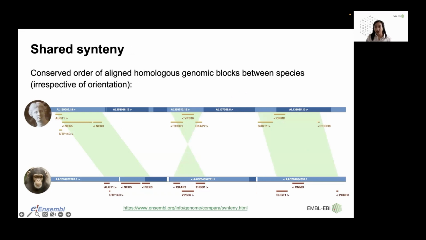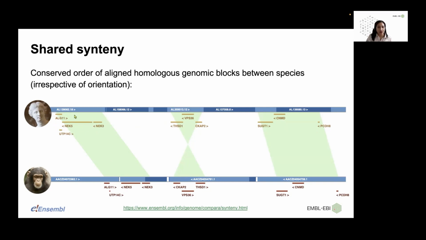Okay, next I want to talk about synteny. Synteny is the conserved order of aligned homologs between species. So let's say we performed a pairwise alignment of human and chimp. Once aligned, what you will notice is that blocks of homologs actually keep their order.